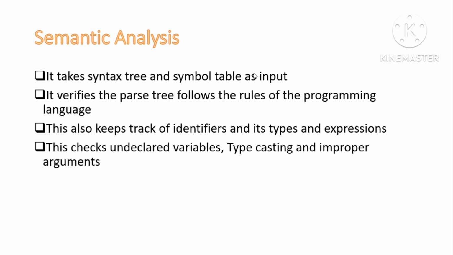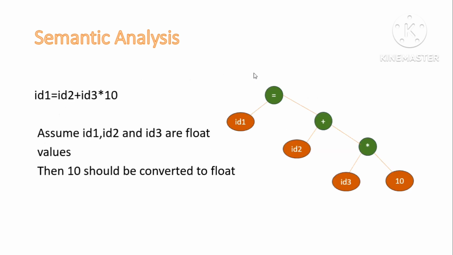This also keeps track of the identifiers, their types, and the expressions connected with them. It always checks for undeclared variables and performs typecasting, and if there are any improper arguments in the program, it will report them as a semantic error. So semantic analysis adds meaning to the expression. That is called semantic analysis.